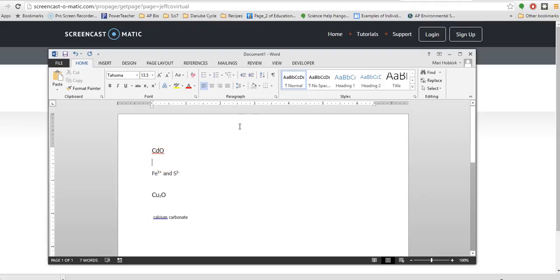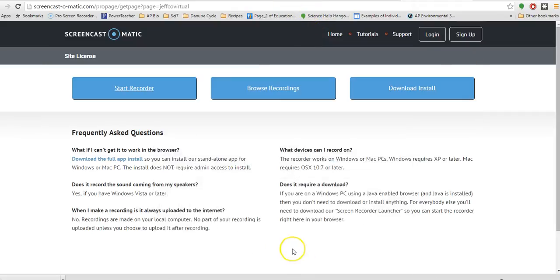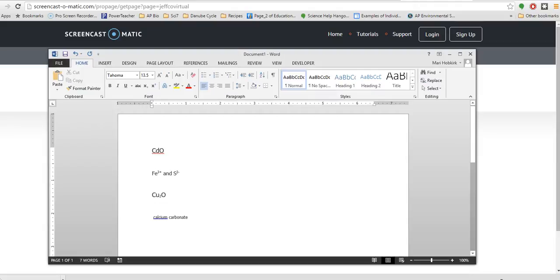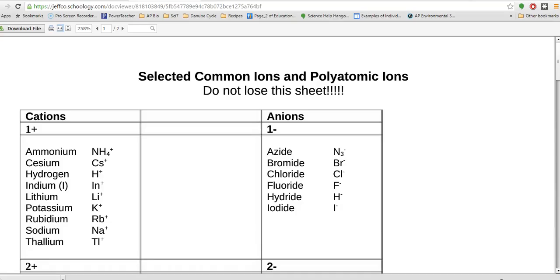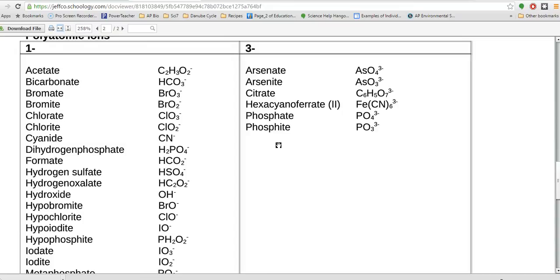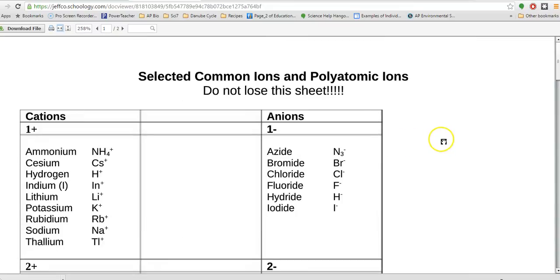So a couple of things that you need to have open when you take this. The ion sheet. This is the ion sheet I've given you. It's 2 pages. If you can print it out, better.